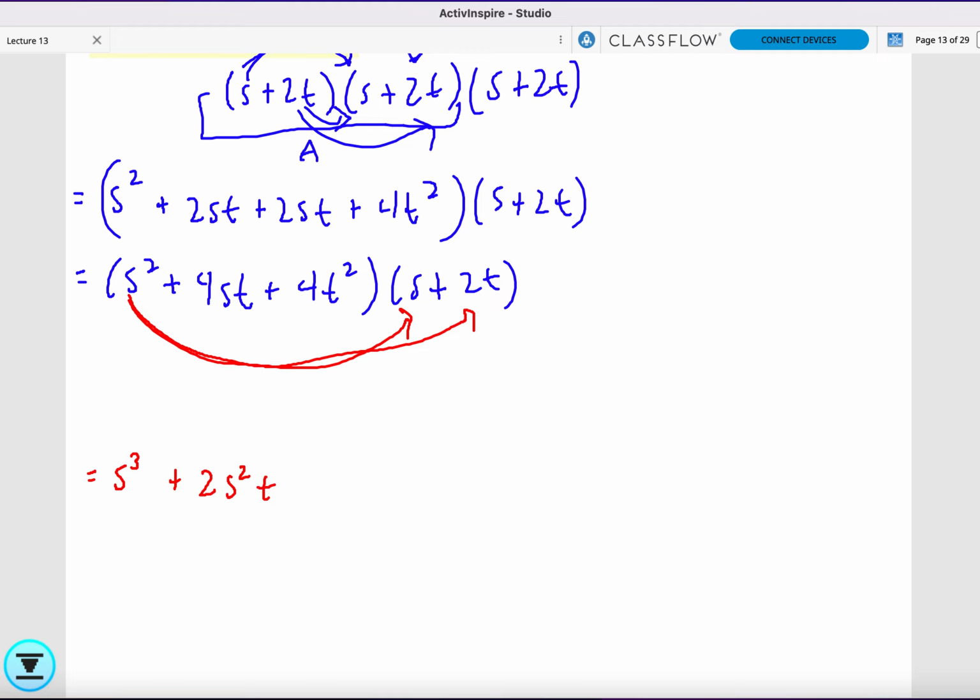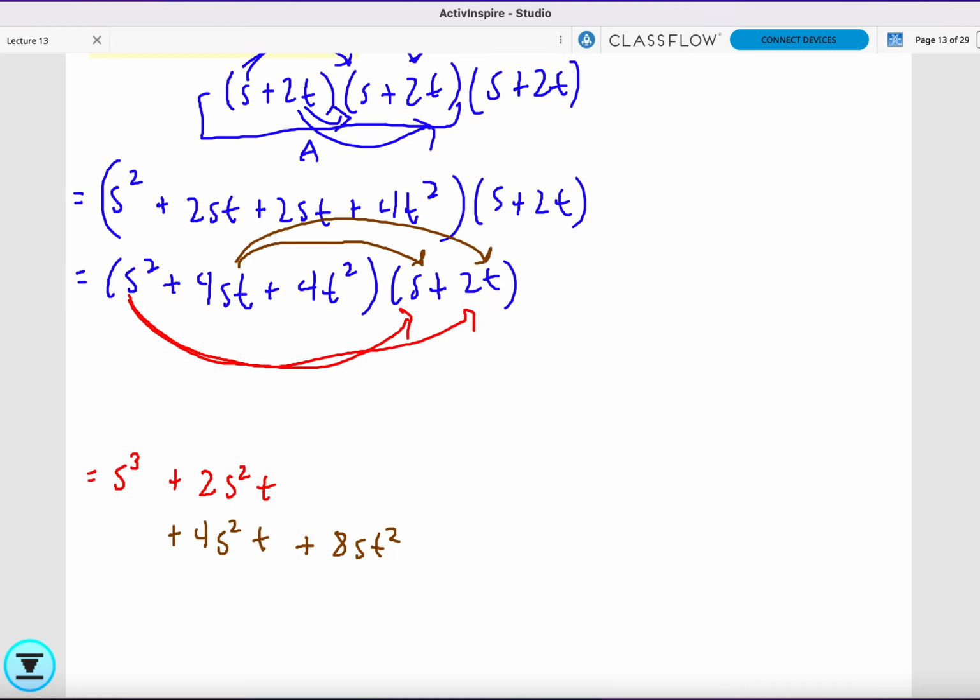Now I'm going to go ahead and do brown. 4st times s, which is going to be plus 4s squared t. Then I'm going to do 4st times 2t, which is just going to be plus 8st squared.